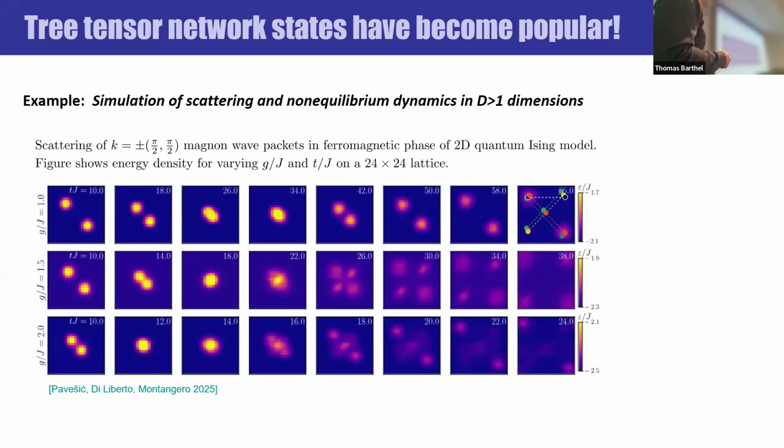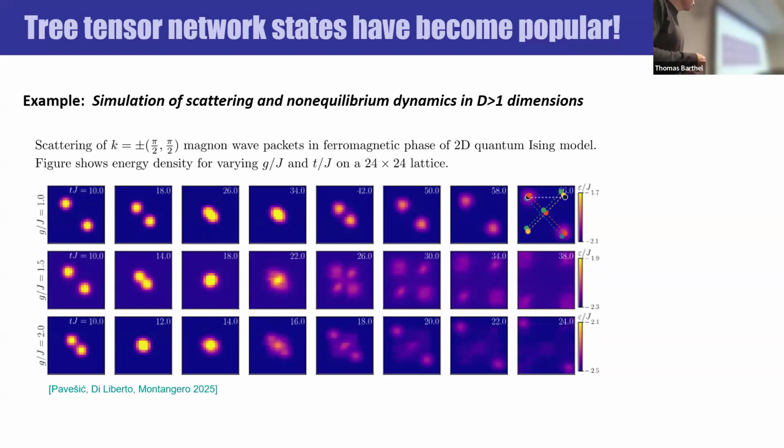Okay, so here are just some examples. Recently there are more and more papers using these tree-tensor networks to simulate 2D systems. This is data from a very recent paper by the group of Simone Montangero, where they studied the scattering of magnons in a 2D quantum Ising model, and they went up to a 24 by 24 lattice, which seems crazy if you assume that the bond dimensions, and hence the computation costs, scale exponentially in one of these dimensions.